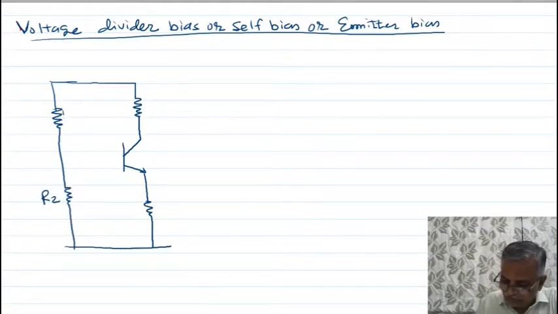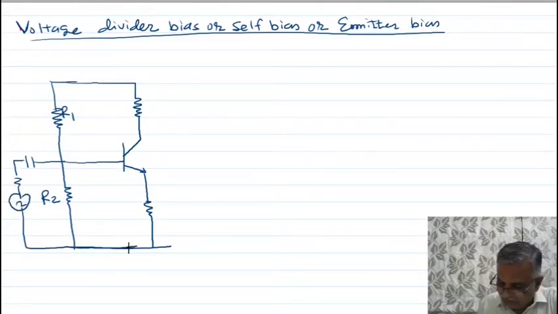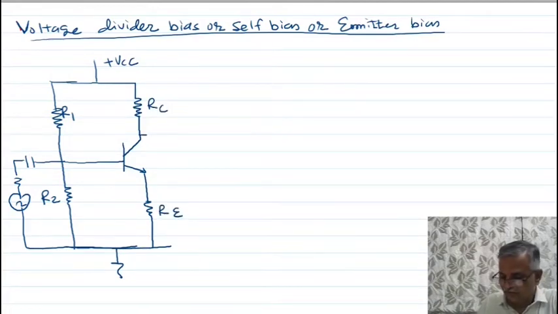Therefore the words voltage divider bias or potential divider bias circuit are used. In this circuit the base bias voltage is provided from the potential divider network.